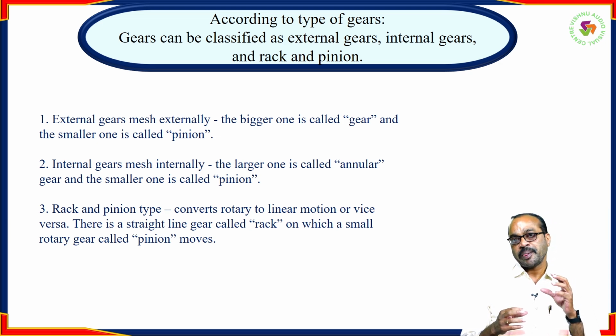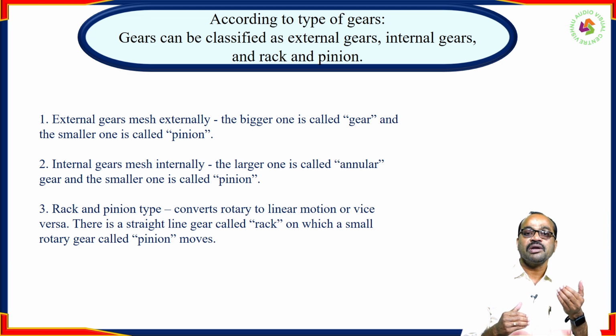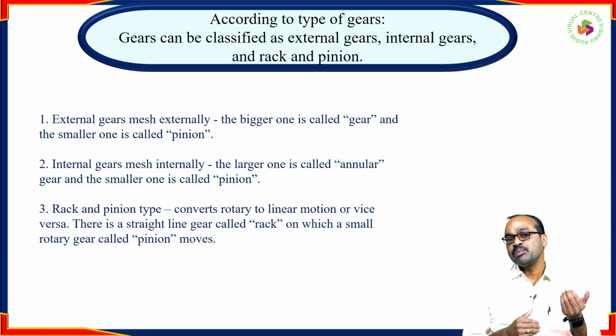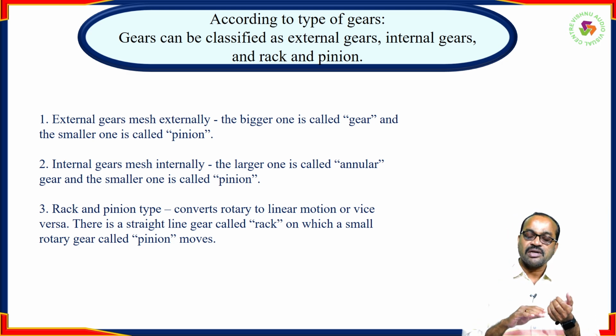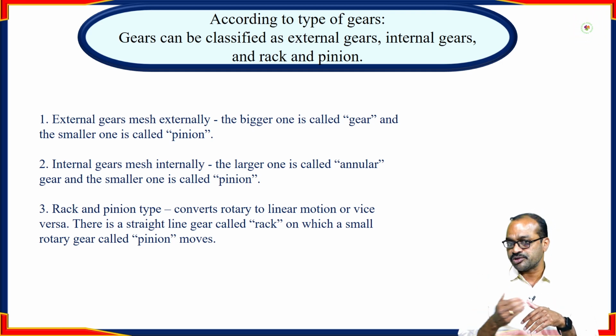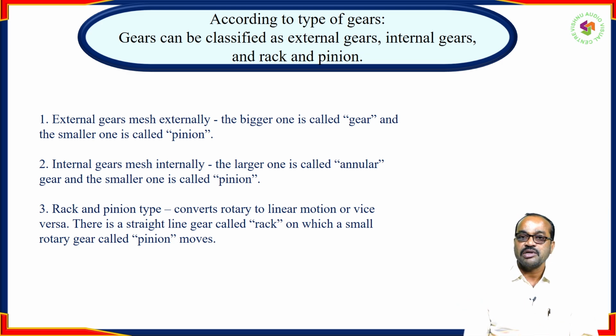Most of the time the design procedure goes for the weaker one, and the weaker is always the pinion when the gear and pinion material is the same. If it is not the same, we have to identify which one is weaker. For the weaker portion, we have to do the design procedure, that we will see in the design procedure topic.